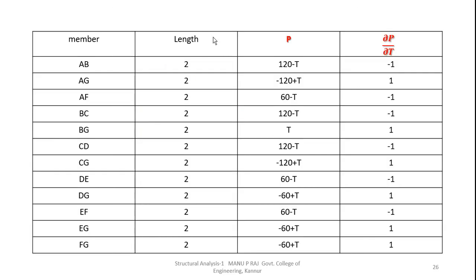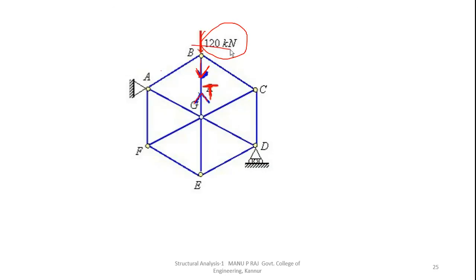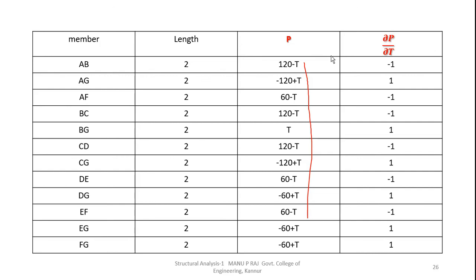Now tabulate the result: member, length, P, ∂P/∂T. Different members AB, AG, etc. are there, with lengths also. Find the member forces in all other members using the method of joints in terms of 120, the external force, and T. You get all the values. Now find the first derivative ∂P/∂T for all other members. You get the values. Tabulate the results.